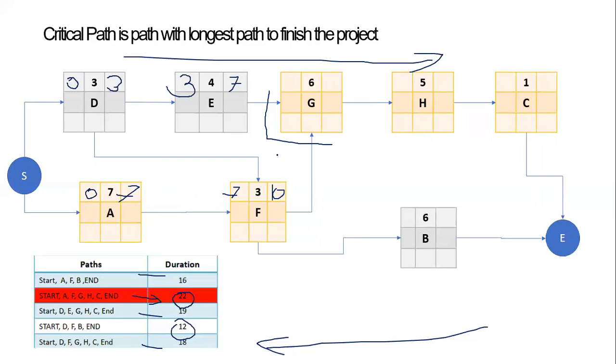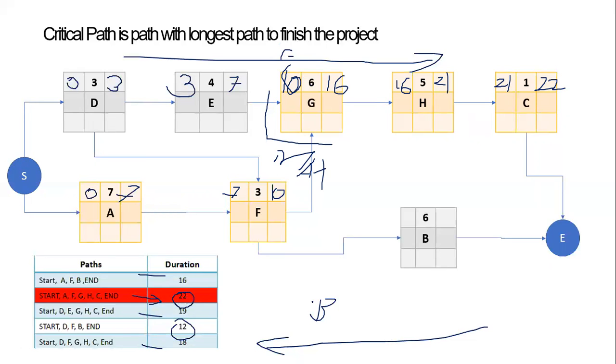So that's where G has to take the max number out of these 2, which is 10. So I will get 10 here. Sorry about that. So 10 plus 6 is 16. Now 16 comes here, and this is 21. 21 comes here. That's 22. So this is matching our critical path. This is the forward pass that we did.